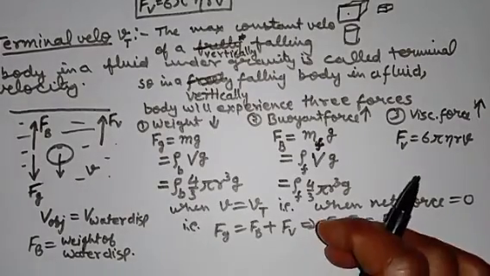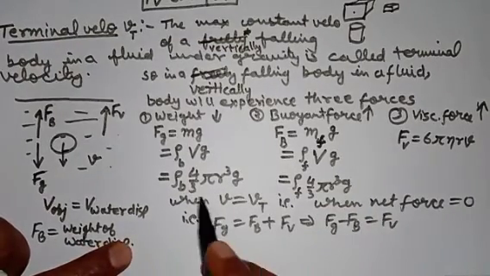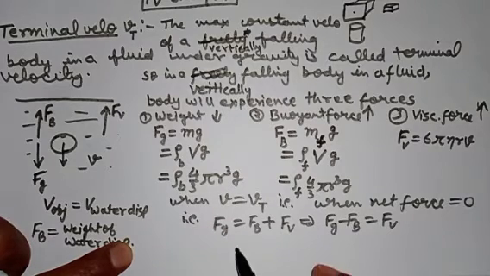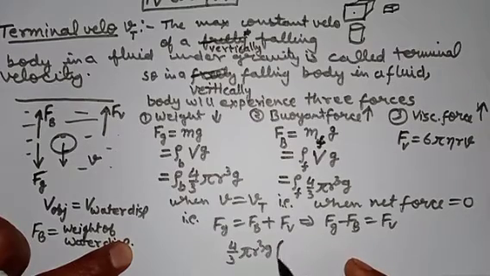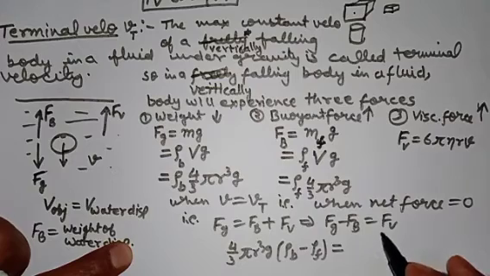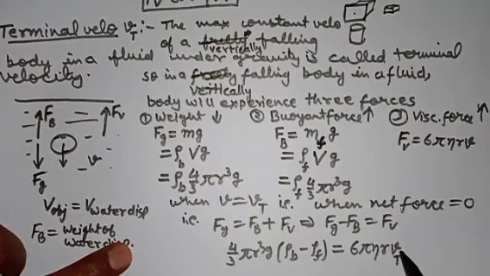Then if we put these values here, I'm doing it directly because there are so many terms which I can take common. So 4/3 pi r cube g will be taken as common. (rho b minus rho f) is equal to 6 pi eta r v subscript t. So this is the expression for terminal velocity.